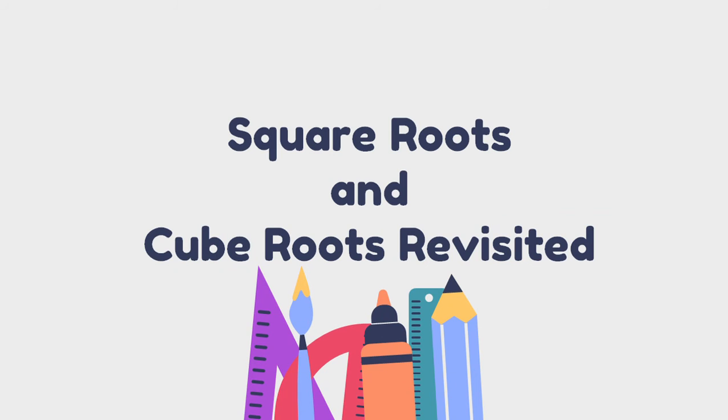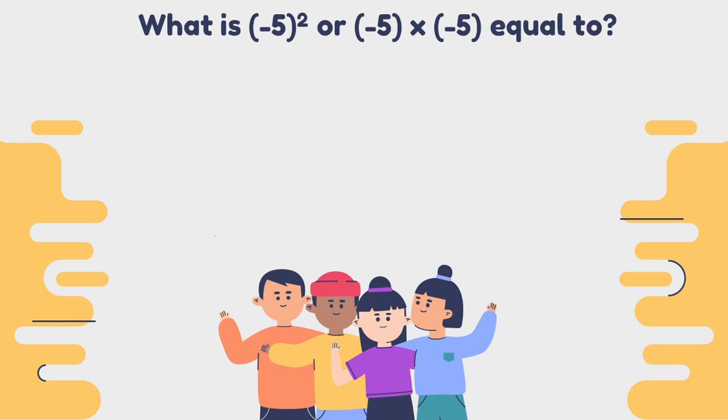Next, square roots and cube roots, revisited. In chapter 1, we learned that 5 squared is equal to 5 times 5, which equals 25. So the square root of 25 is equal to 5. Now, what if we take the square of negative 5, or negative 5 times negative 5? 5 times 5 equals 25, and also negative 5 times negative 5 is equal to 25.